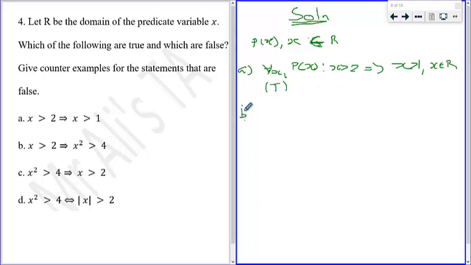Now for the B aspect, we have for all x belonging to the real numbers, P of x is such that if x is greater than 2, then x squared is greater than 4.